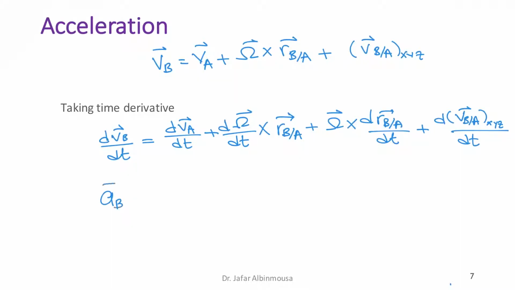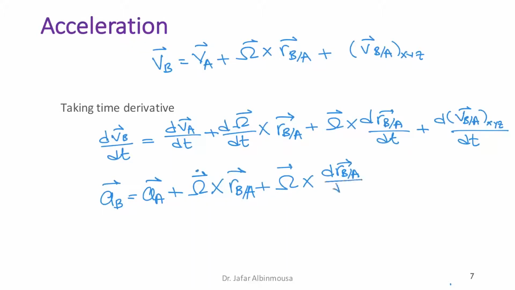That's the acceleration of B, which is equal to the acceleration of A, plus the time derivative of omega, which is going to be omega dot cross RB with respect to A, plus omega as a vector cross d RB with respect to A over dt, plus the derivative of VB with respect to A measured from the x, y, and z coordinate system.